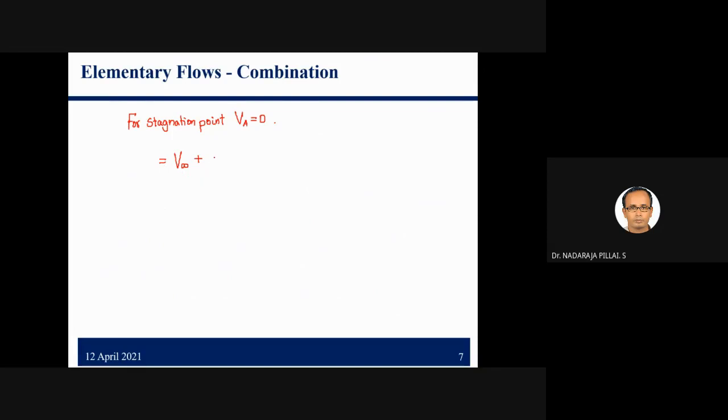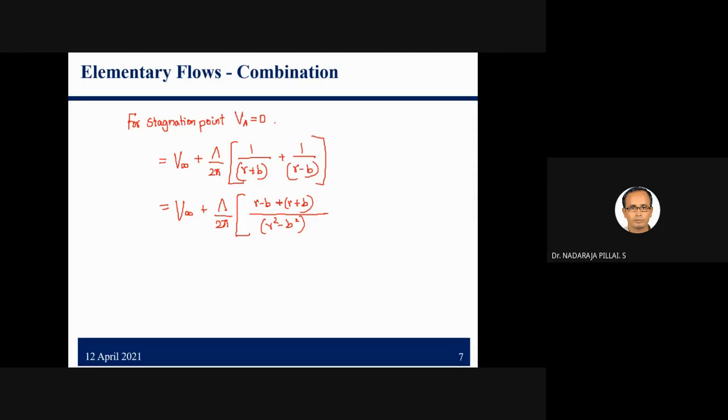Please do this exercise. So I can say that lambda by 2 pi into 1 by R plus B plus 1 by R minus B. So we can write this as V infinity plus lambda by 2 pi, R square minus B square into R minus B plus R plus B, right?